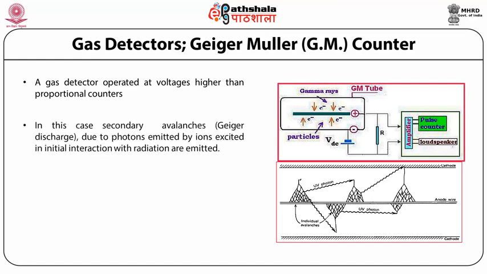In this case, secondary avalanches, that is Geiger discharge, due to photons emitted by ions excited in the initial interaction with radiation, are emitted. What happens is, when the primary radiation comes, it produces the electron-ion pair. Ions move towards the cathode, absorb an electron from the cathode, get excited, and due to the de-excitation they release photons.